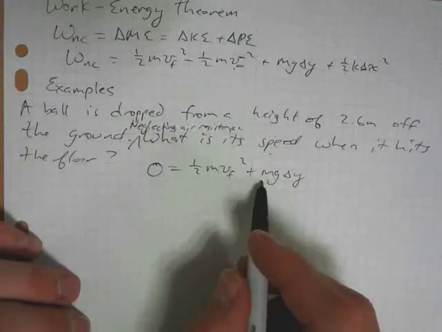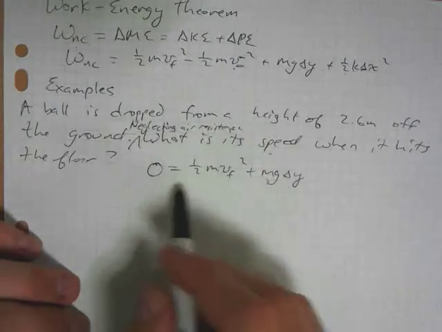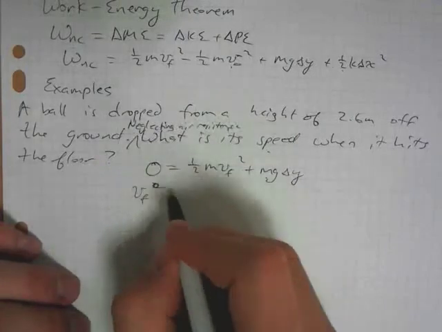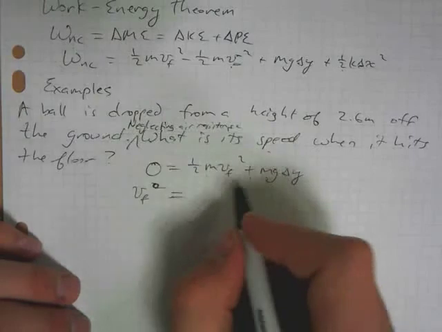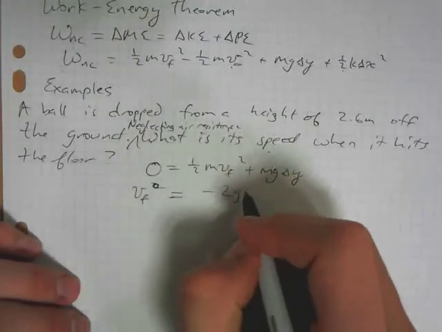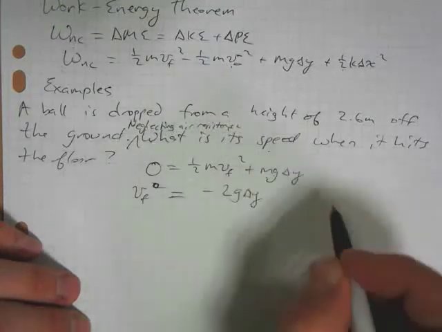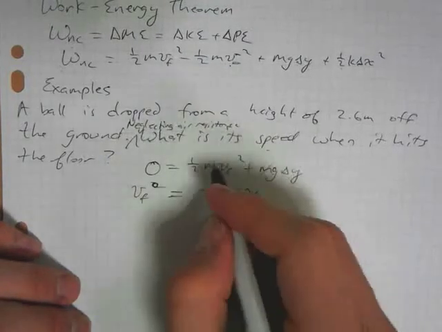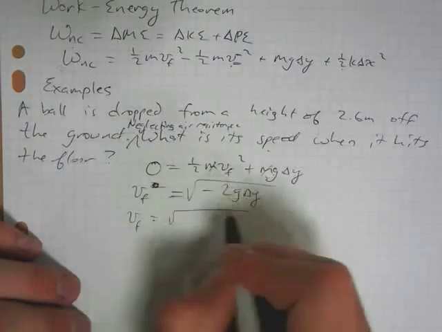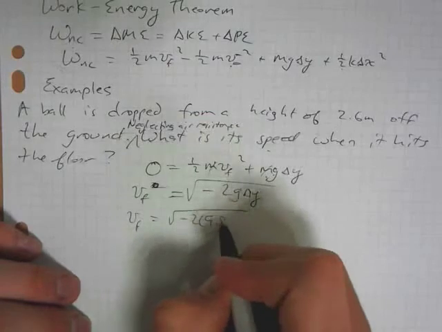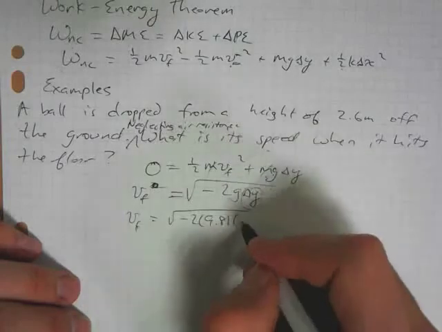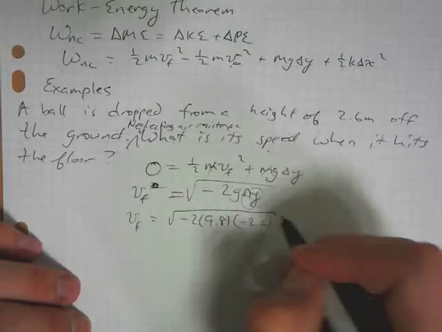If we rearrange, v final equals, bringing this over to the other side, the square root of minus 2 g delta y. The m's cancel out. You might think that minus is a problem, times 9.8, but since we're going down, our y final is 0 and our y initial is 2.6, so delta y is negative.